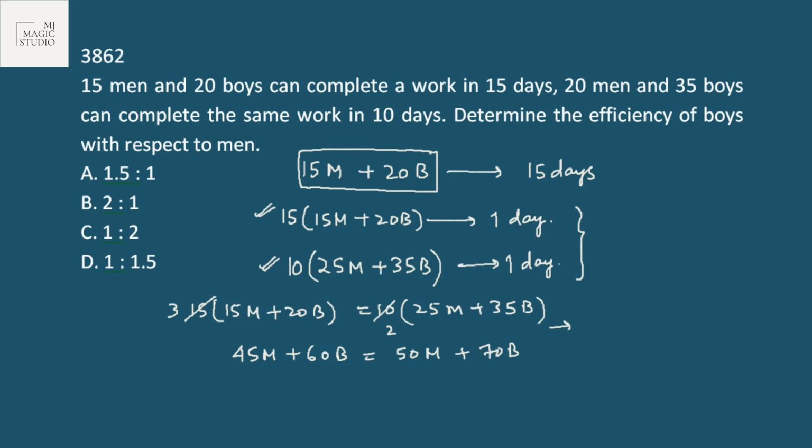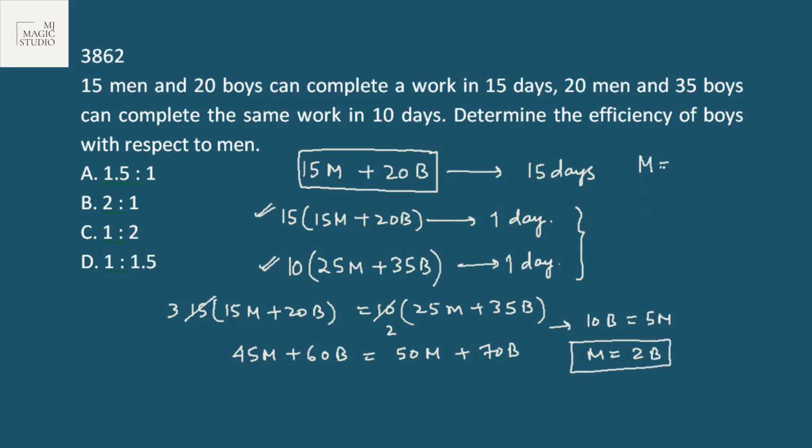Or what we are getting? 70 minus 60 is 10b equals 5m. Isn't it? Or m is equal to 2b.